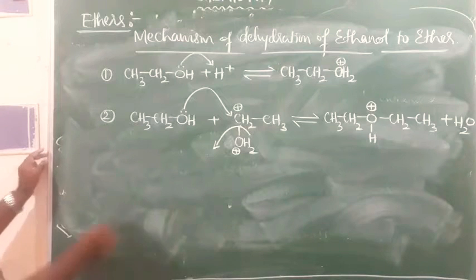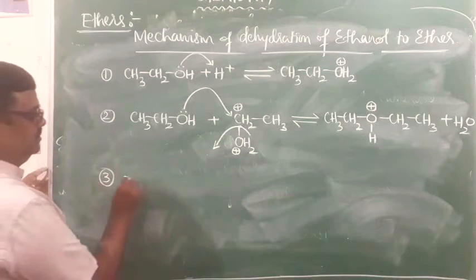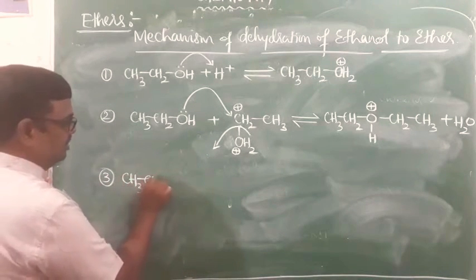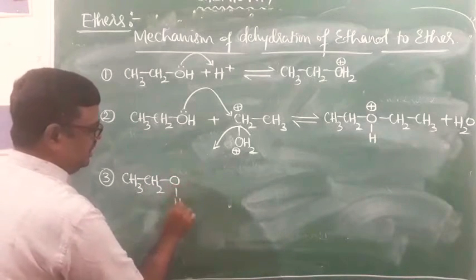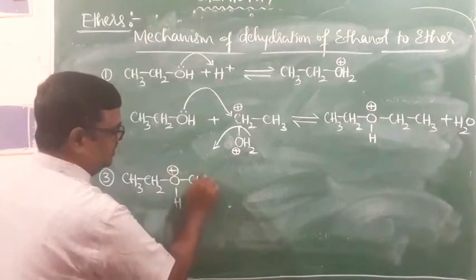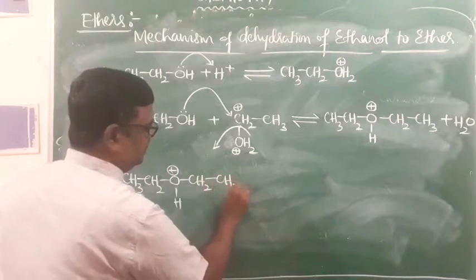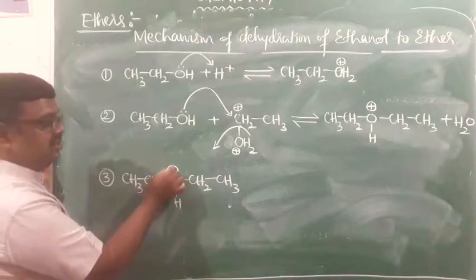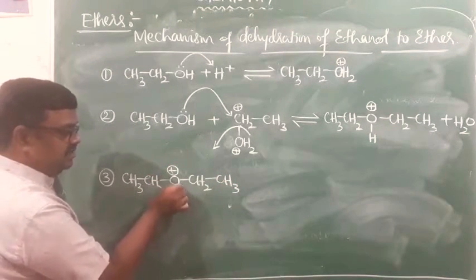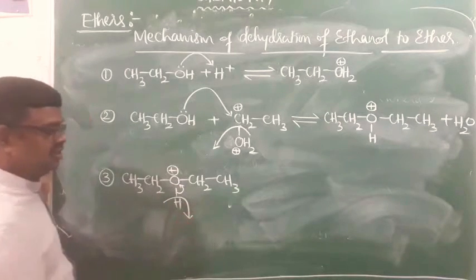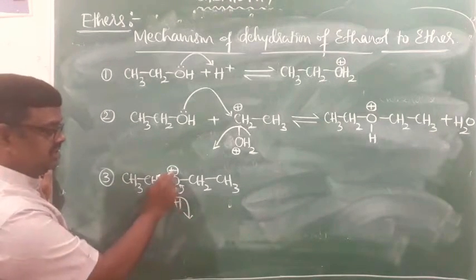This is the second step. In the third step, look at the product of the second step: CH2CH3 with the positive charge on the oxygen, which attracts sigma electrons towards it. Hydrogen is taken out in the form of H plus, and the positive charge is neutralized.